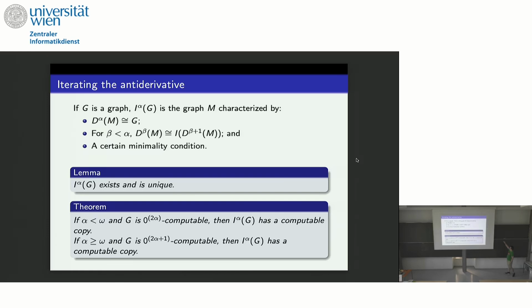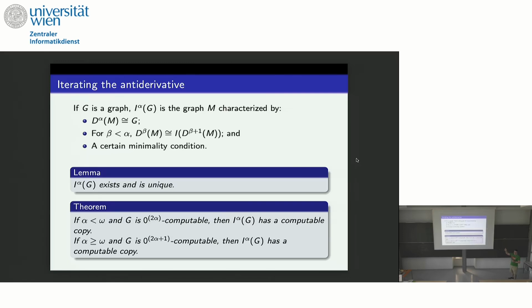And at level alpha, I want to get back my original graph G. And at every successor step, I want what I have at this step to be the integral of what I have at the next step. So now, my sequence of length omega, if I'm just going up to length omega, height omega, my sequence is getting smaller as I go up, not bigger. So that's why I'm saying the sequence was going the wrong direction.